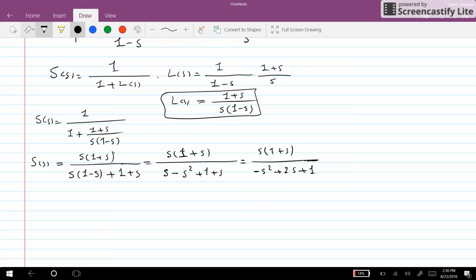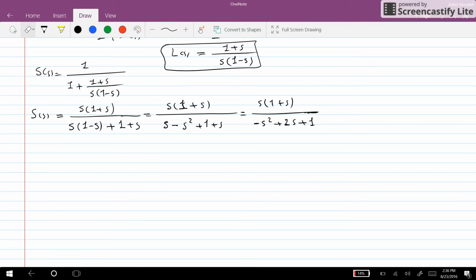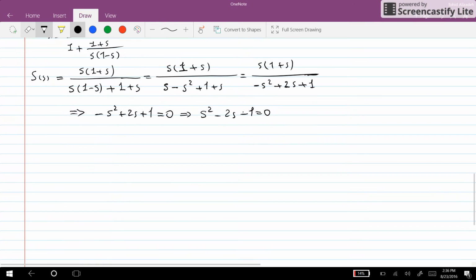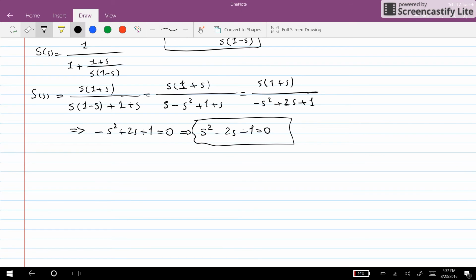Now we need to determine the location of the poles of the system, or the roots of the denominator, in order to determine the stability of the system. So what we need to do is to set the denominator equal to 0, or in other words, we will have S squared minus 2S minus 1 equal to 0, and find the roots of this polynomial. So it should be quite straightforward.